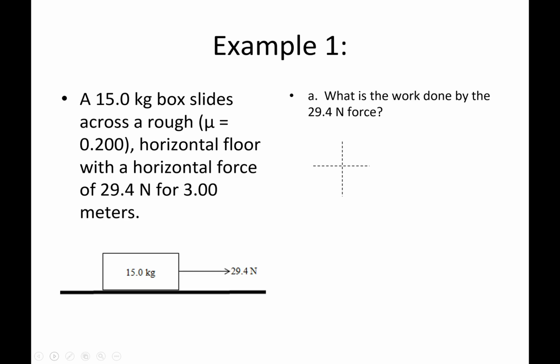Okay, so in this example, we have a 15 kilogram box sliding across a rough floor that is horizontal and is being pushed by a force of 29.4 newtons for 3.00 meters. Now, when we ask what is the work done by the 29.4 Newton force, one way we can get started is looking at all of the forces acting on the box.